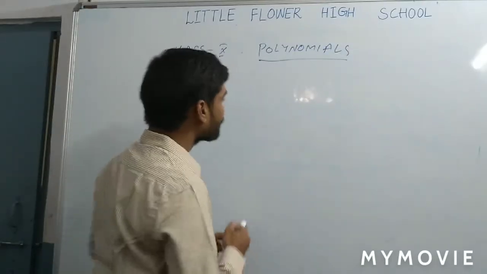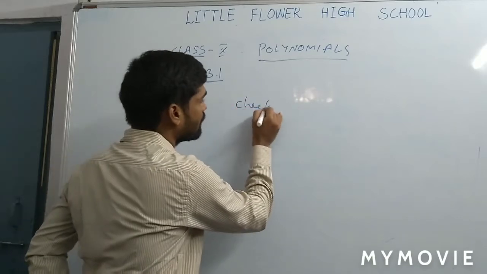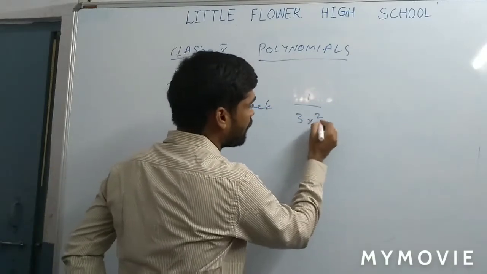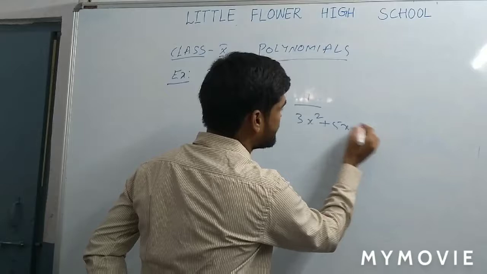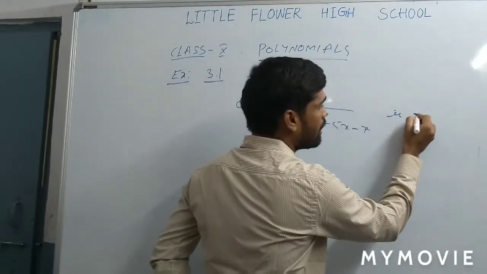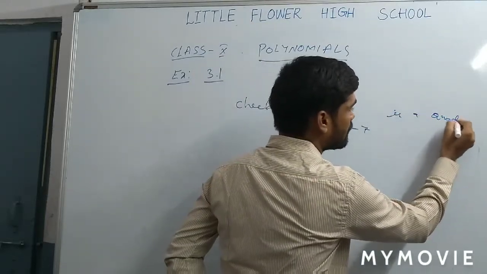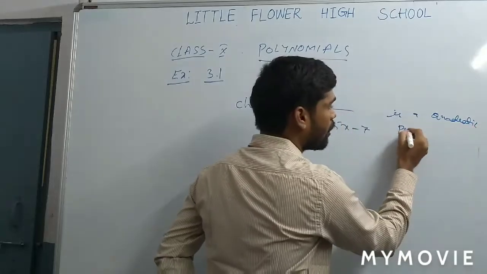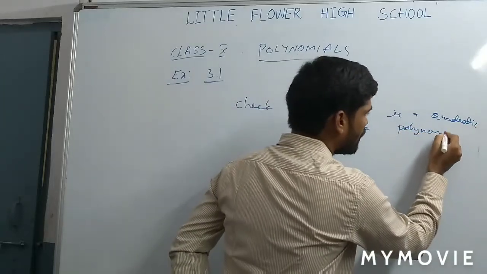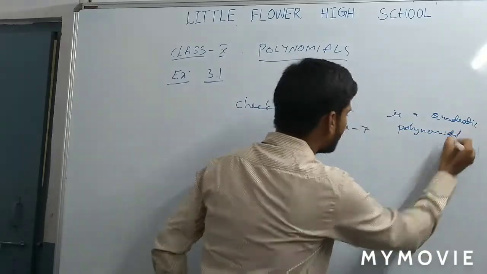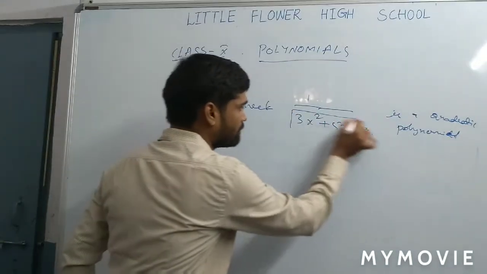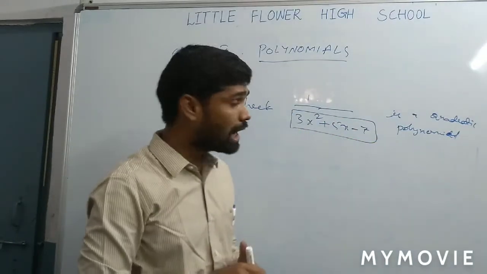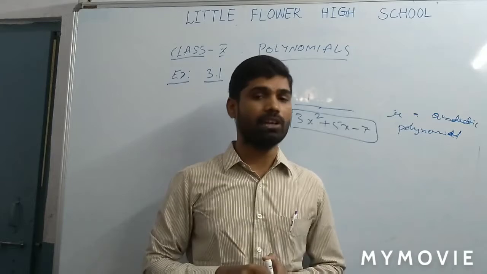In the exam, they will ask you: check whether 1 by 3x power 2 plus 5x minus 7 is a quadratic polynomial. Actually it is quadratic in form, but the variable is present in the denominator.